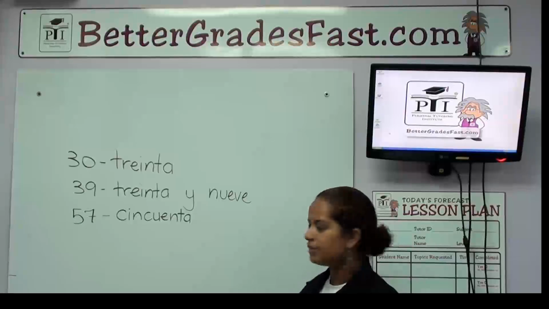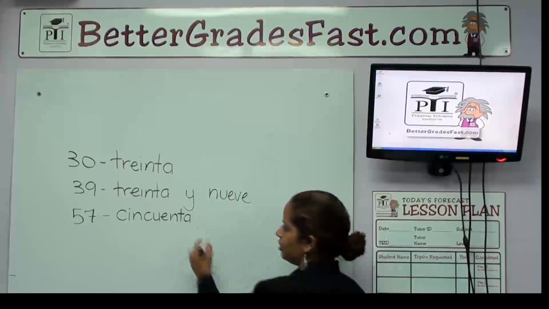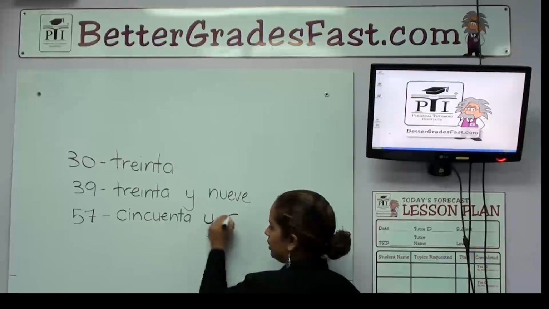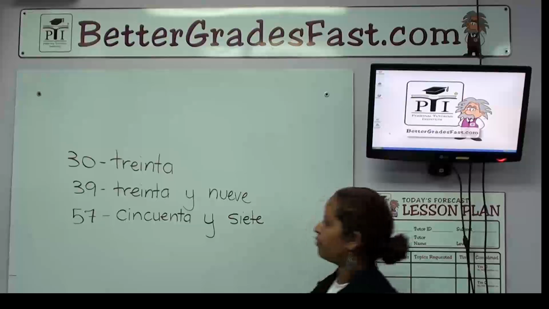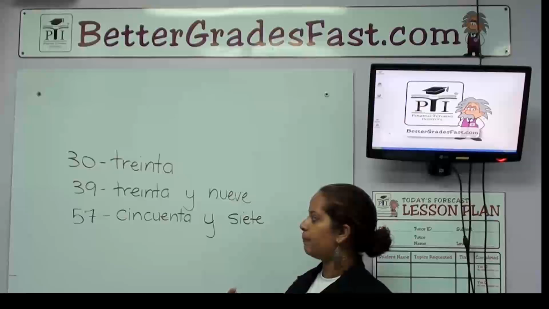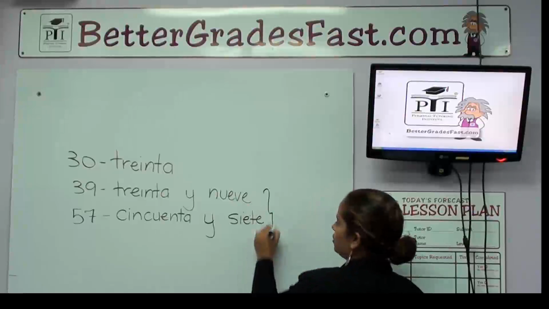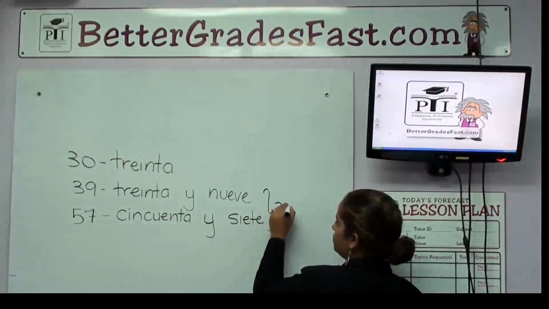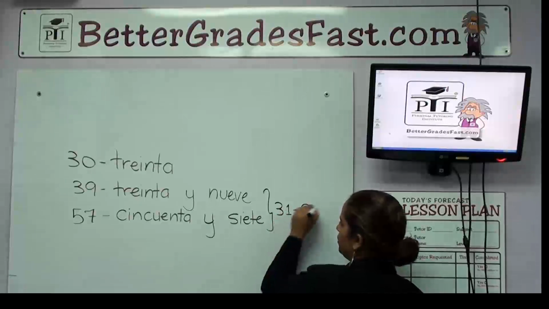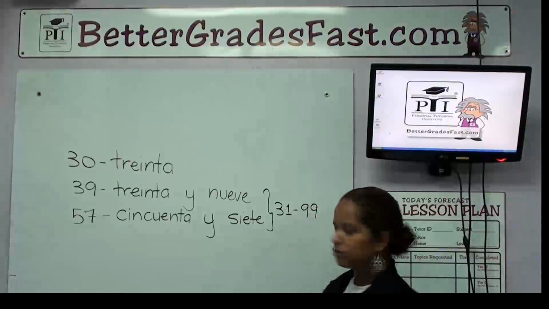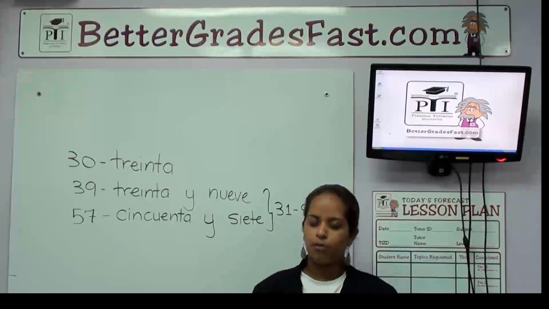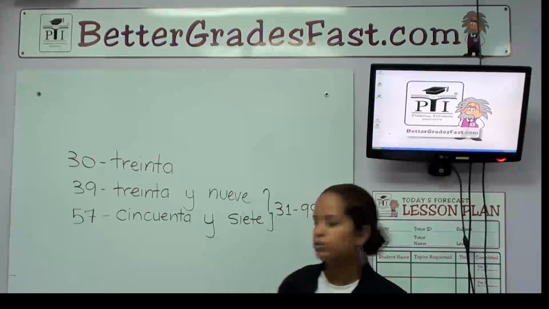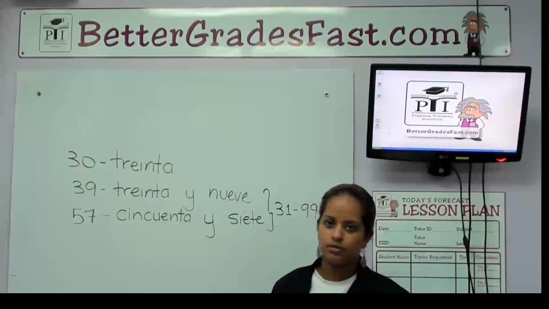So to make 57, you simply need to say 50 y 7. Remember, this rule applies to numbers that are 31 to 99. So, once you know these numbers, you can combine them confidently and be able to form longer numbers.